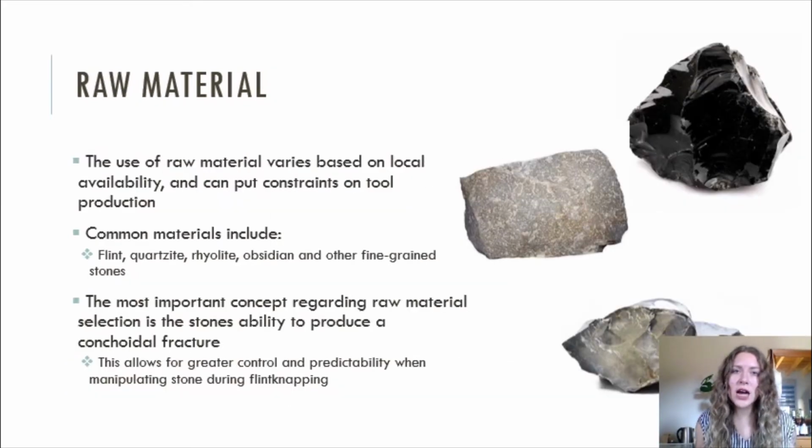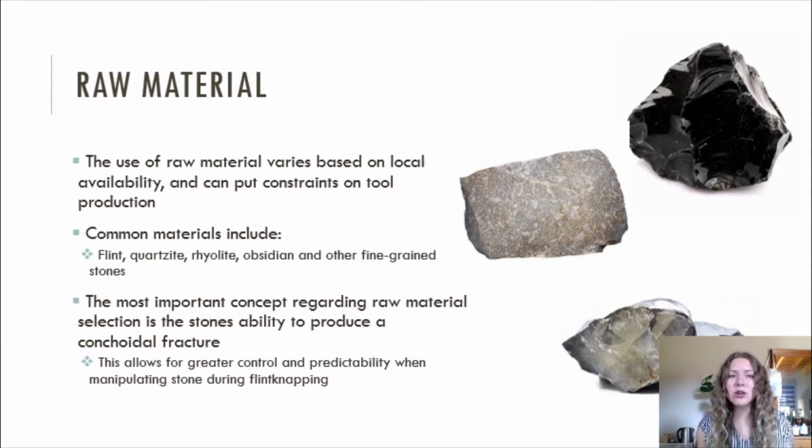Another important aspect of lithic analysis is understanding raw material. The material used for stone tool production varies by location and what is regionally available, but there are some basic requirements for the selection of material for tool production.